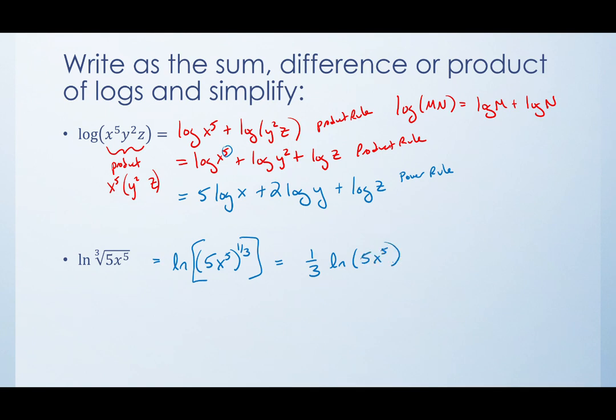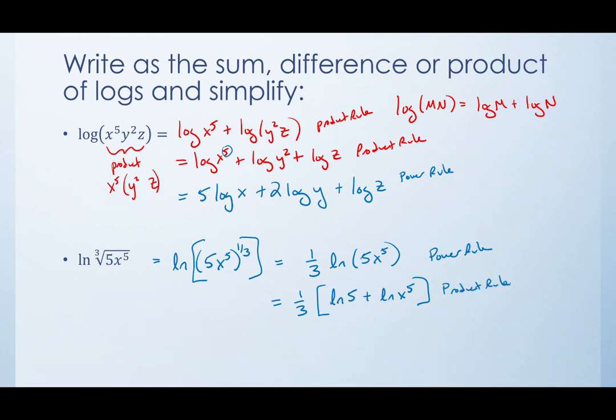Then we say, oh, look, we've got a product. I'm going to write that this was the power rule. And then we're going to say 1/3. And this is where you've got to be careful, because we're going to split this natural log of 5x to the 5th, because that's a product of 5 times x to the 5th. So we're going to do ln of 5 plus ln of x to the 5th. That's our product rule.